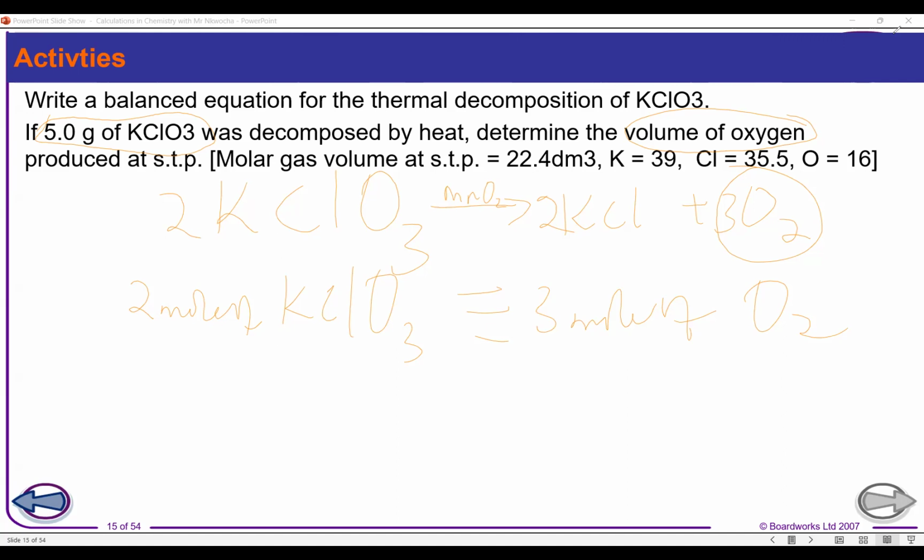I'm going to convert it. These 2 moles is equivalent to 2 times 122.5 gram of KClO3. See, I've converted those moles now to gram.